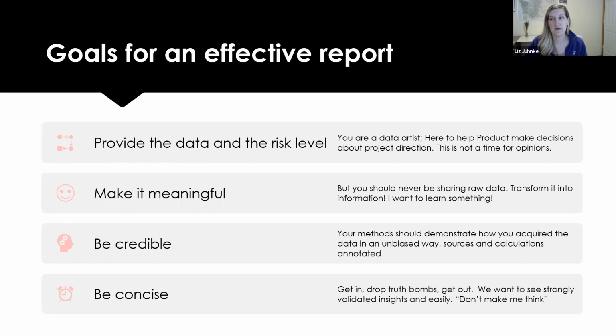Otherwise, you could have just grabbed 44% out of anywhere, right? I want to see anomalies specifically called out, like if the users were not screened properly, that's going to mess with the findings. All this speaks to your credibility, so I need to see those pointed out. And then finally, you want to be concise: get in, drop those truth bombs, get out.